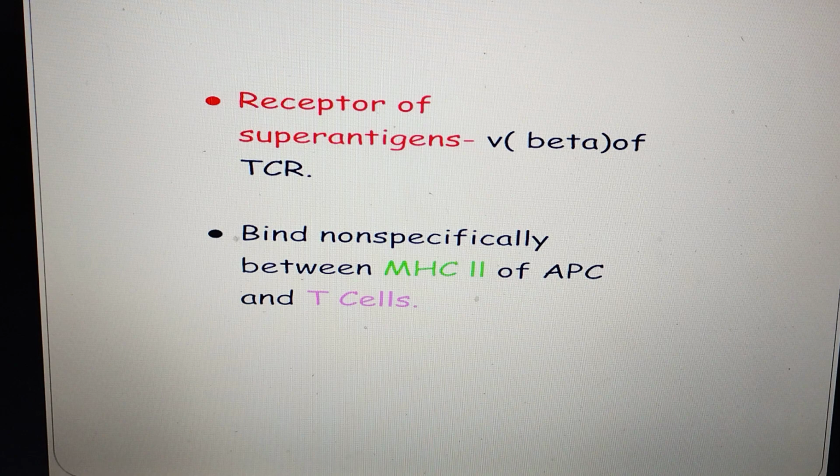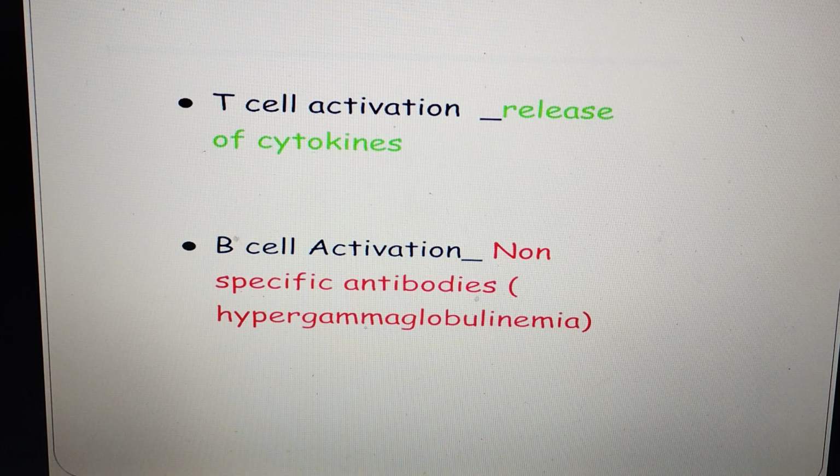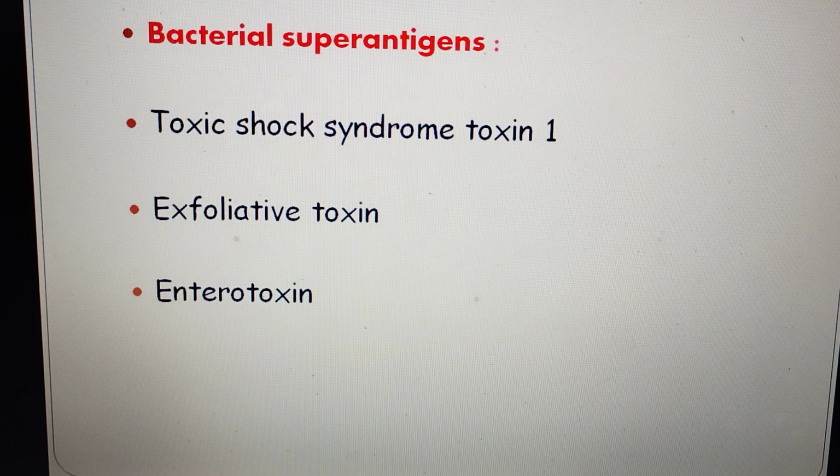Then it will combine with MHC, the major histocompatibility complex 2, of the antigen presenting cells and T cells. This T cell activation leads to release of cytokines, and B cell activation leads to production of non-specific antibodies that leads to hypergammaglobulinemia.